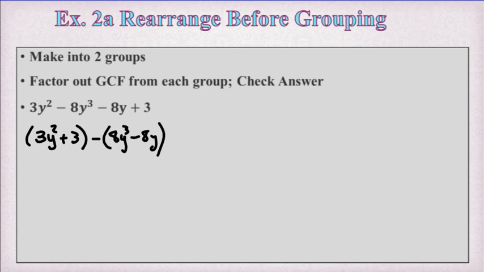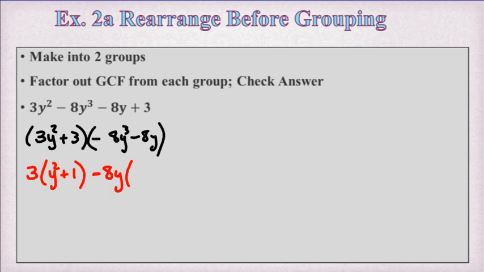So now in the first set, I can factor out a 3. If I factor out a 3, that leaves me with y squared plus 1. And on the other side, I already have a minus sign on the outside. I can take out an 8y, and that leaves me with, here, let me put parentheses around this minus sign.